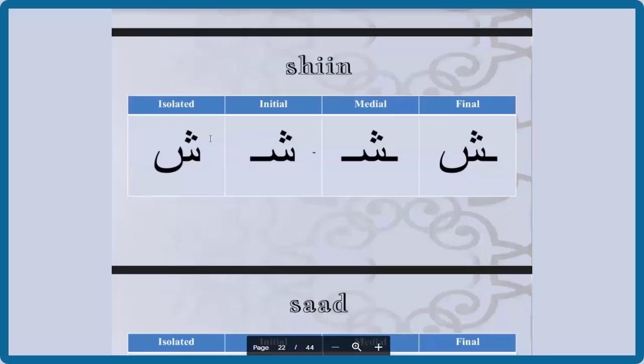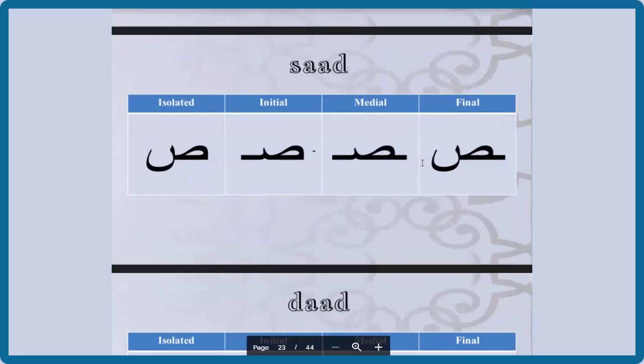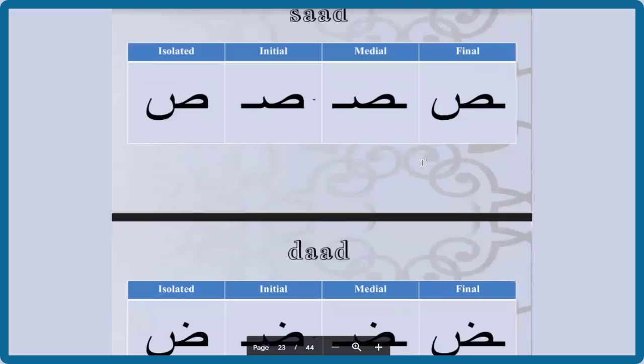Then next is, I know I'm going very fast today, but inshallah, as we have to practice these half shapes, that's why I'm going a little fast. During the practice, you will get the recognition of these letters very easily.